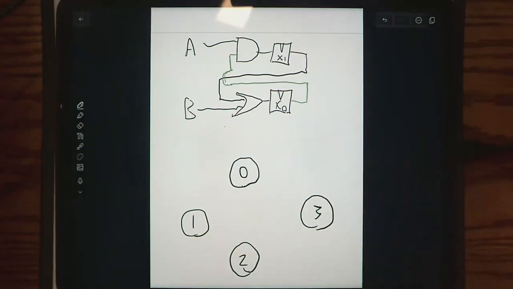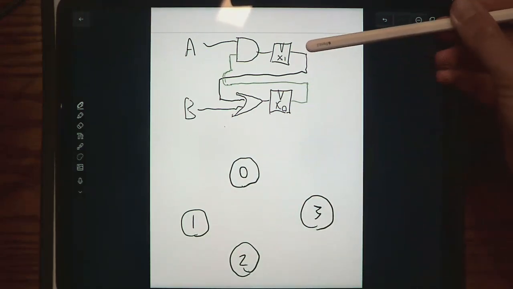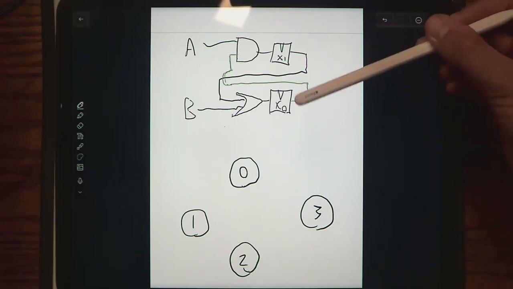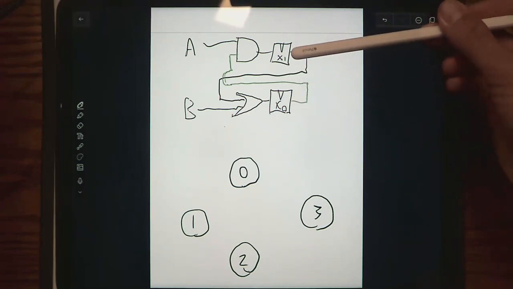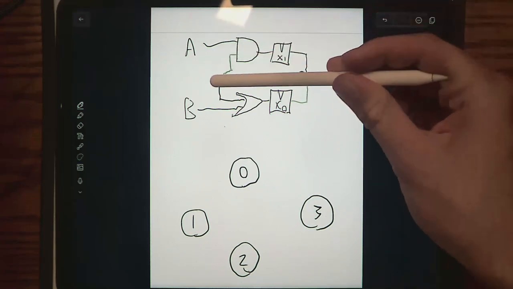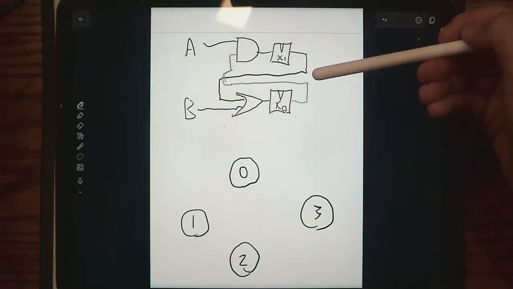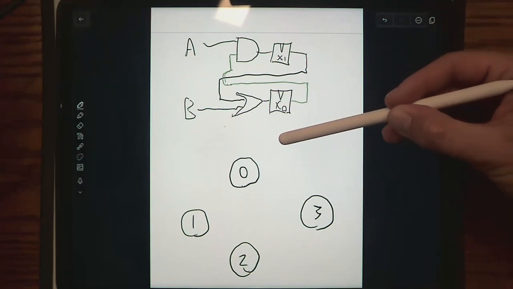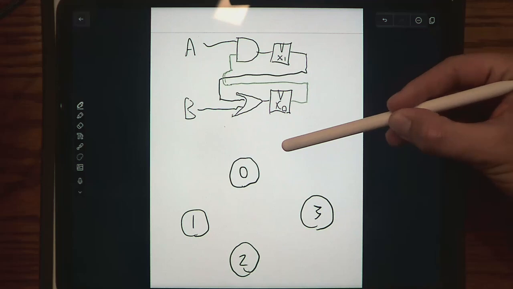If we are in the 0 state, meaning both of these are 0, then what input will cause us to change our state? B equals 1.